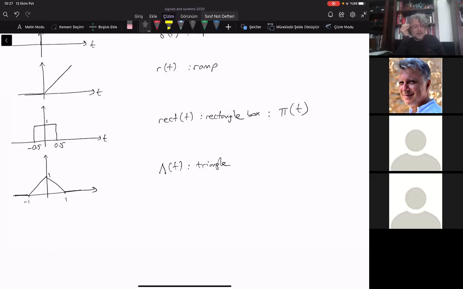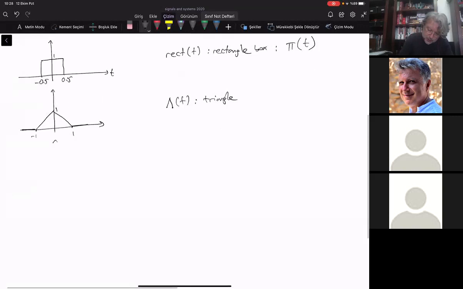These are standard signals. I'm not really using the rect or at least the ramp and the triangles. I indicate them in many cases, but the rectangular box is sometimes used. So I may be using them because the transform of it or the limiting cases of those rectangle functions are important. Of course, we have other signals which I don't really need to draw, because it's obvious.